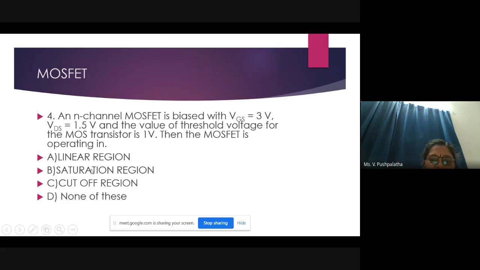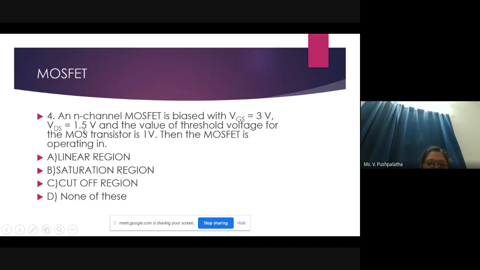They have given VGS equal to 3 volt. The MOS transistor value, that is the threshold voltage, is 1 volt. What is threshold voltage? This is the minimum voltage at which your device can turn on, right? So VGS is 3 volt, the threshold voltage is 1 volt, and VDS is given as 1.5.